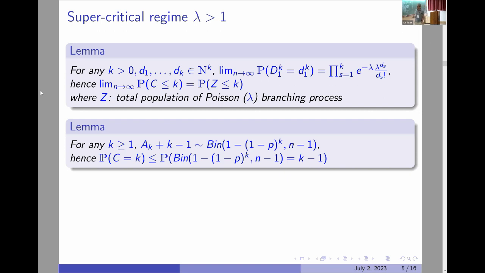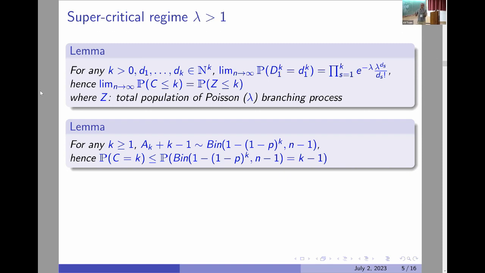And so this allows you to say the size of my connected component C, for small sizes, its distribution converges to the distribution of the size of a branching process with offspring Poisson of lambda.